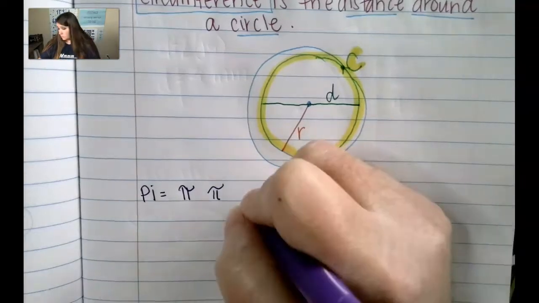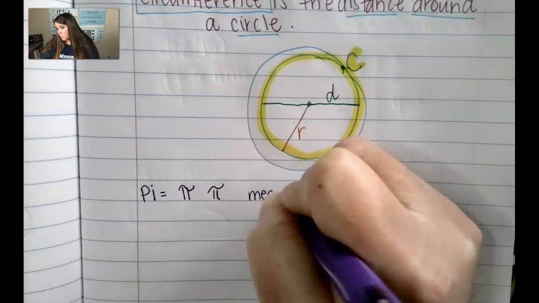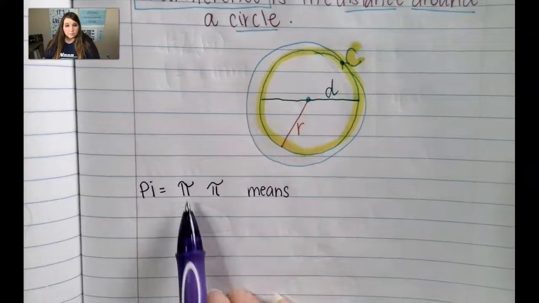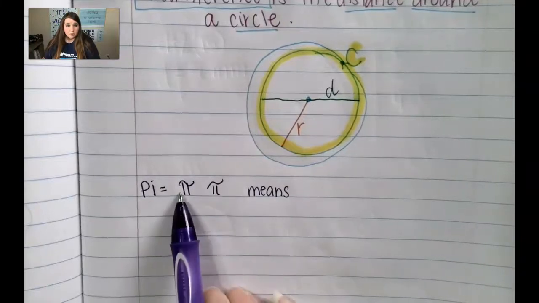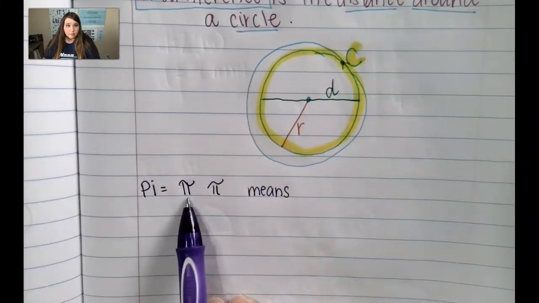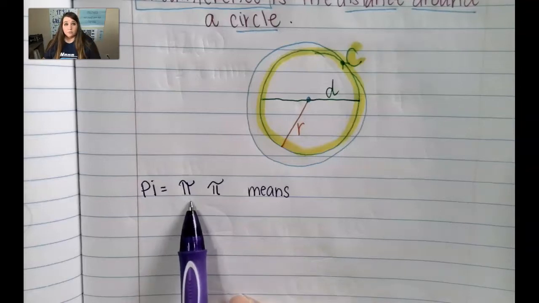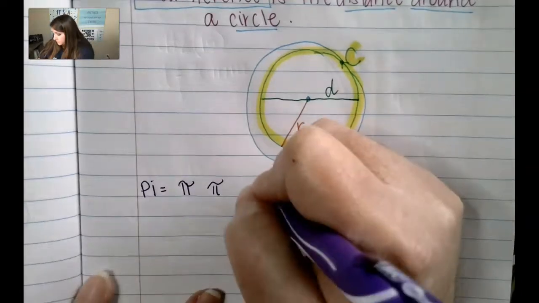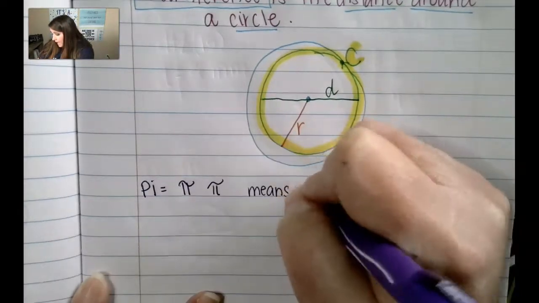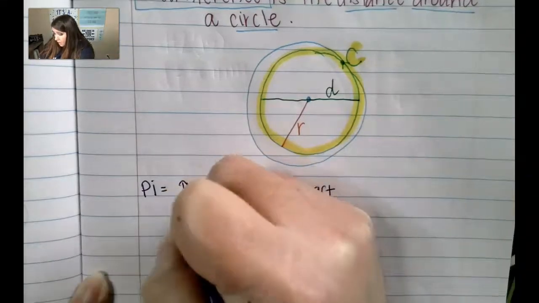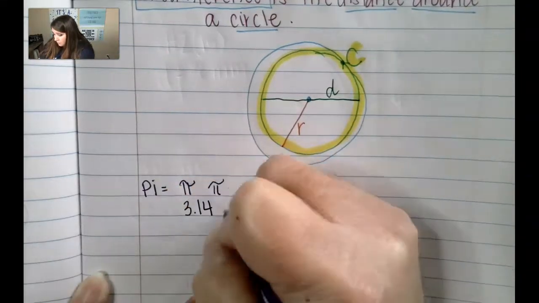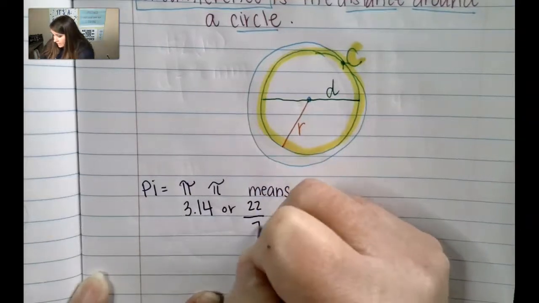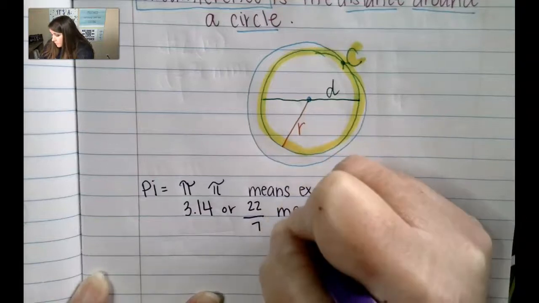In math, we often can use this symbol on a calculator for a very exact formula, or we can use approximations. So pi means exact. 3.14 or 22 divided by 7, these ones mean approximate.